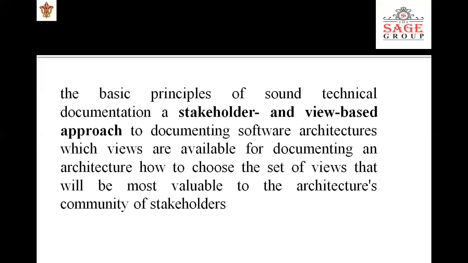So the basic principles of sound technical documentation: the stakeholder may be a client and owners, right? And a view-based approach to documenting software architectures: which views are available for documenting an architecture, how to choose the set of views that will be most valuable to the architecture's community of stakeholders.